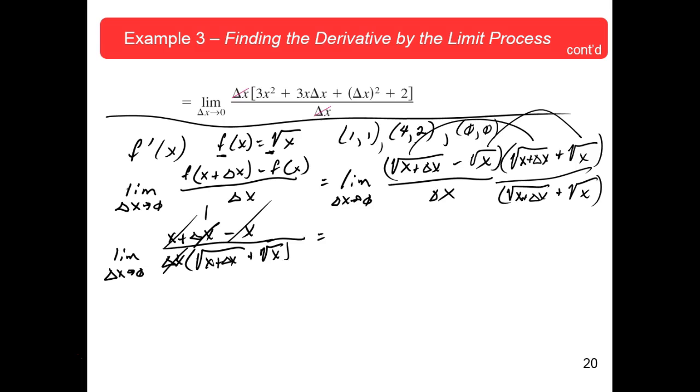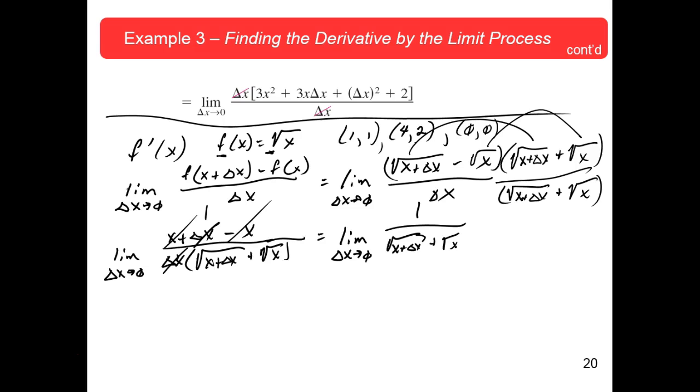Okay. We're doing the limit as delta x is approaching 0. So let me write that out here. Maybe this will help. The limit as delta x approaches 0 of what we had left over, a 1 over the square root of x plus delta x plus the square root of x. That's what we had left over from here, right? Everything went away except 1 in the numerator.